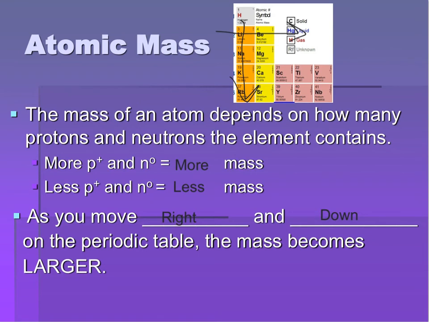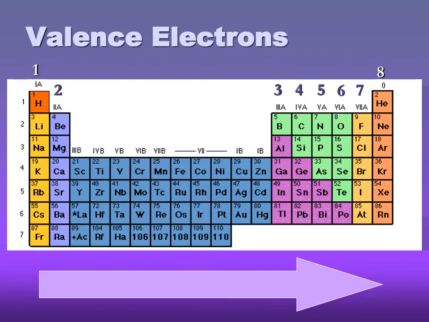Now granted, as you saw earlier with cobalt to nickel, it's not a perfect pattern, but for the most part it holds true. One more is that your number of valence electrons, since that goes from 1, 2, 3, 4, 5, 6, 7, 8, is increasing as you work your way to the right.